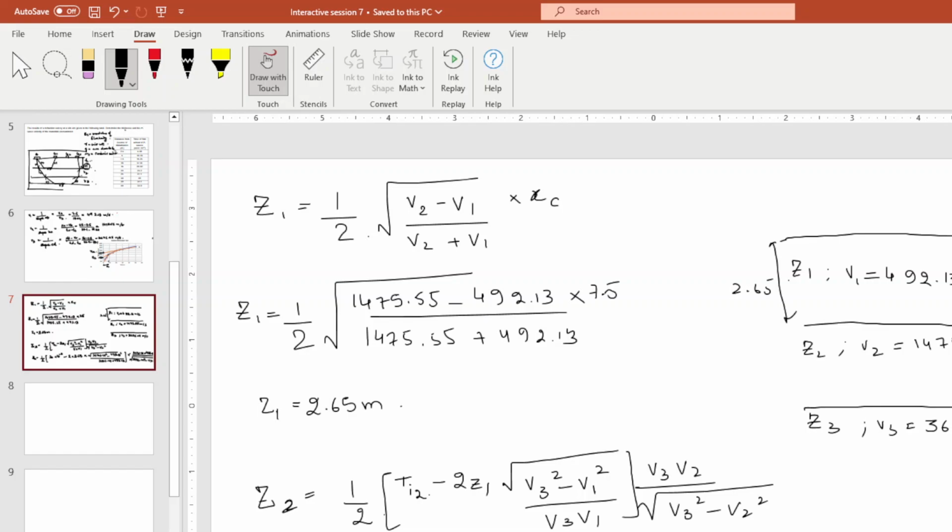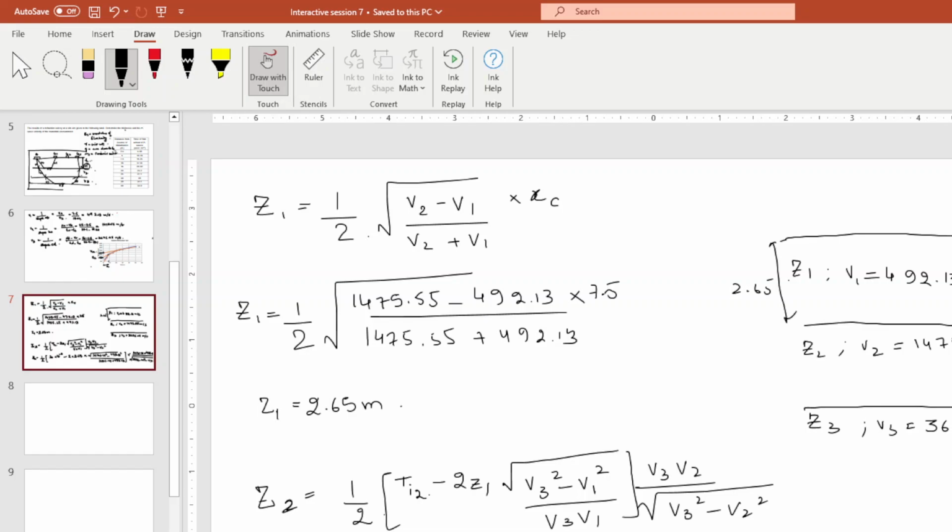Here there are only two layers. So the third layer is actually going beyond. Here this will be 8.52 meter, and this is going on.